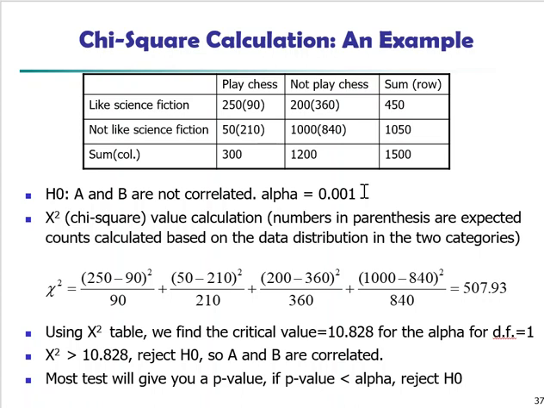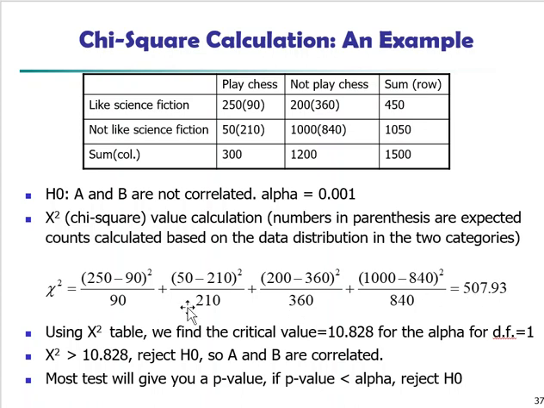This is very restrictive. We use the same formula to calculate the expected values, then compute the chi-square value by summing up the squared difference divided by the expected value in each data cell. We obtained a chi-square value of 507.